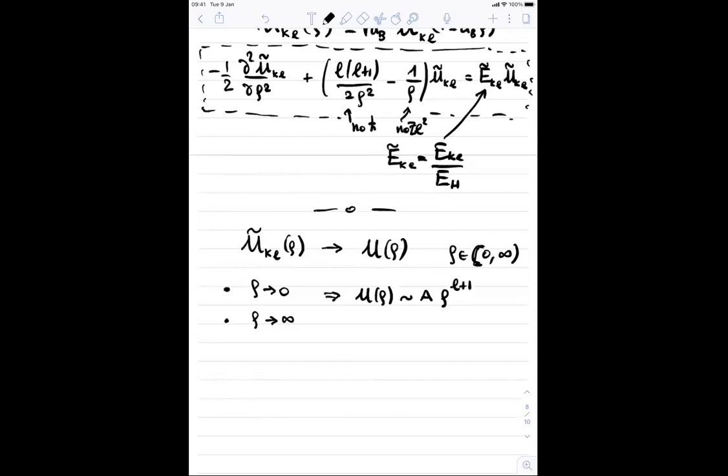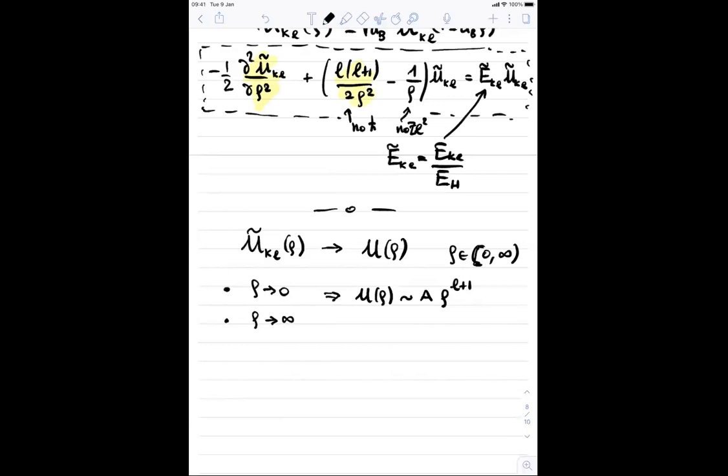This is a requirement for essentially these two terms to somehow compensate each other nicely. Look at the notes and make sense of this discussion in the notes.